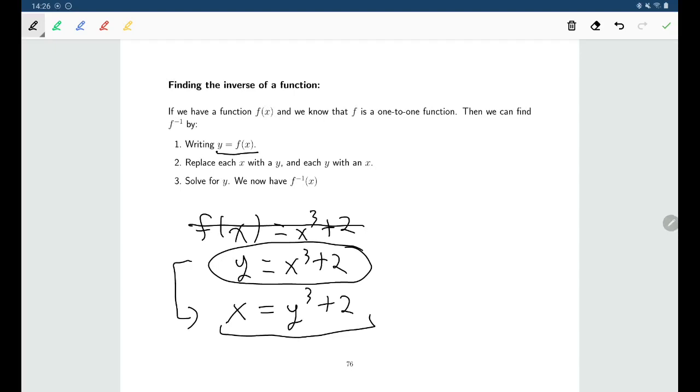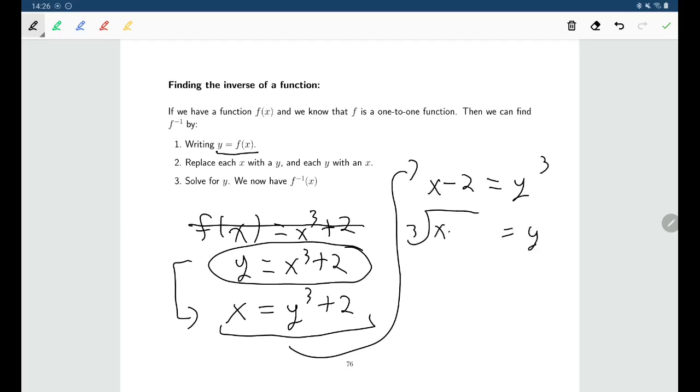And whatever y equals, that will be your f inverse. So if you were solving for y, once you've solved for y, what you found here, that is f inverse. So if your function was x cubed plus 2, then f inverse is the cube root of x minus 2.